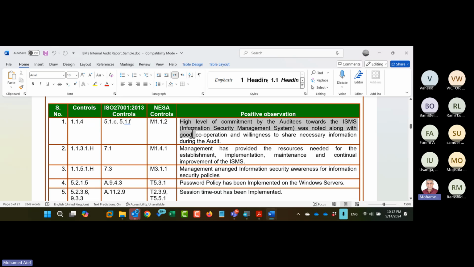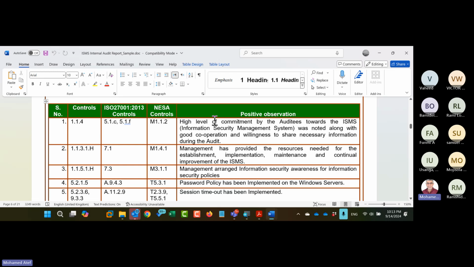Now, it's not enough to write down the finding or the positive point that you find. You have to write down which standard this complies with. Since I told you earlier that we are auditing according to ISO, NISA and ISR, you have to write down, for each one of those, what is the control that requires this specific point.